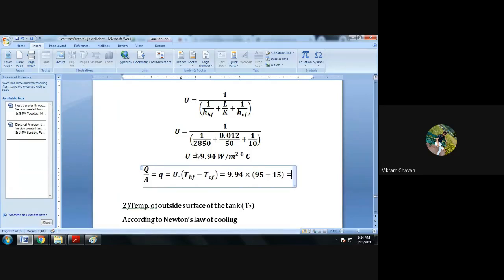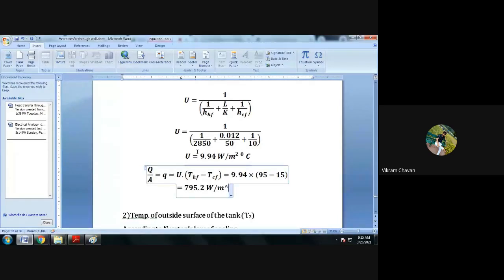Calculate it. Someone is getting 795.2. So my answer is 795.2, and its unit is watt per meter square. Is everyone getting how to find the heat transfer rate in the case of the overall heat transfer coefficient?